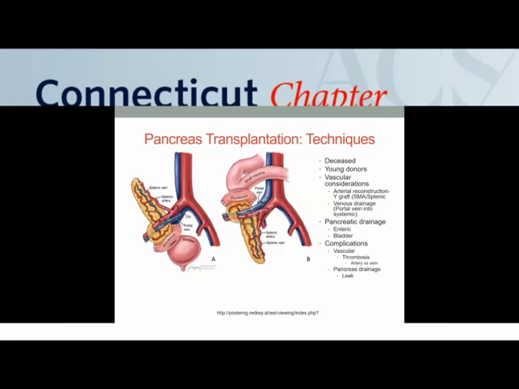And so classically, there have been 2 ways to do this. For a long time, it was done through what we call bladder drainage or cystic drainage, and I'll speak to that in a second. But now we do mostly enteric drainage. The complications in pancreas transplantation are greater than they are in kidney transplantation, probably even greater than they are in liver transplantation when it comes to inflow, outflow, and drainage.